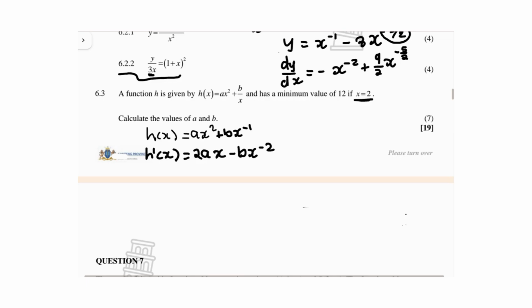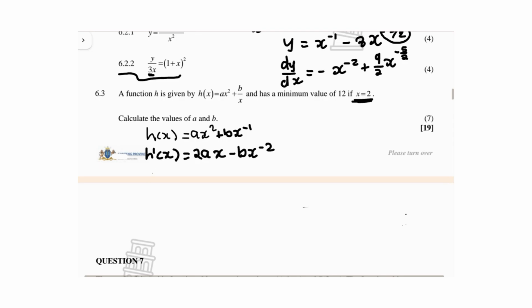Okay, so the derivative is h prime x equals 2ax minus b times (x minus 2) to the power of minus 2. And they've given us an x of 2. So this x of 2 is your x value when you have a gradient of 0, because we're talking about a minimum value, but also when you have your turning point.